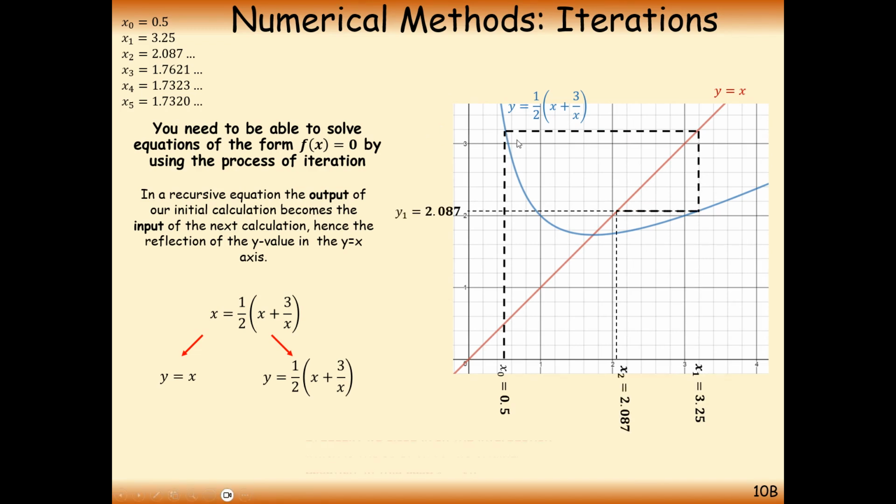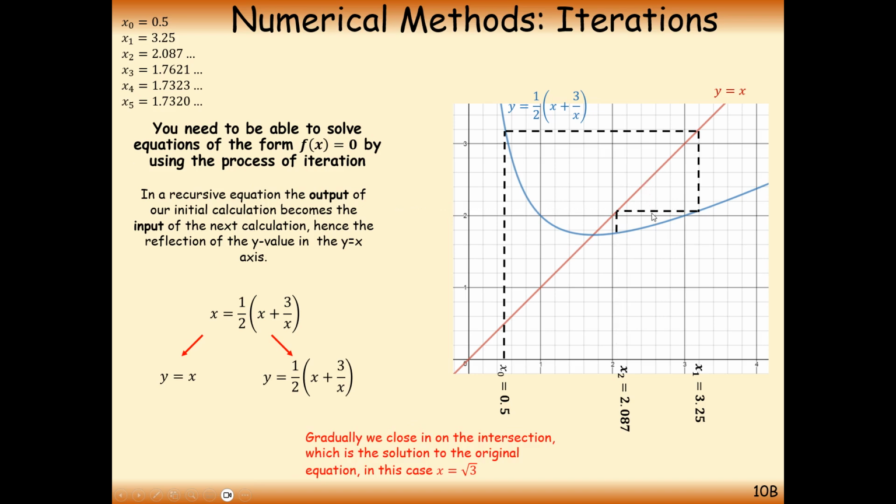So we bounced around the curve and got closer to x5, which is 1.732. You don't have to consider the diagram, but you know that what happened in the calculator was that we were looking for the square root of a number.